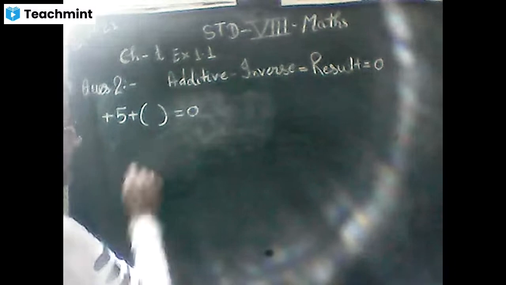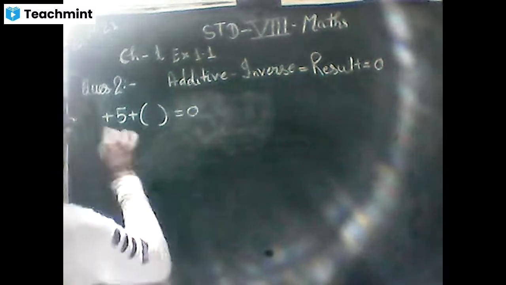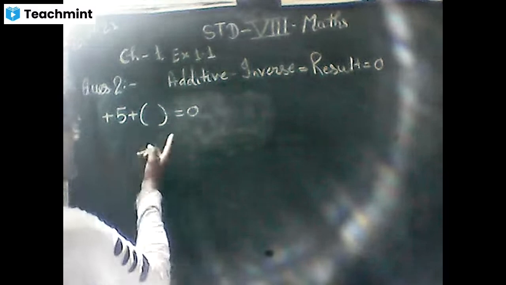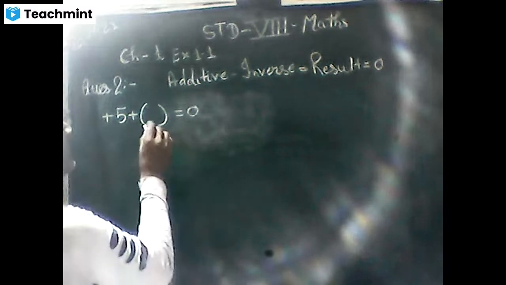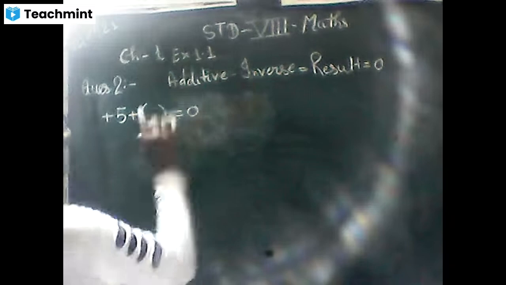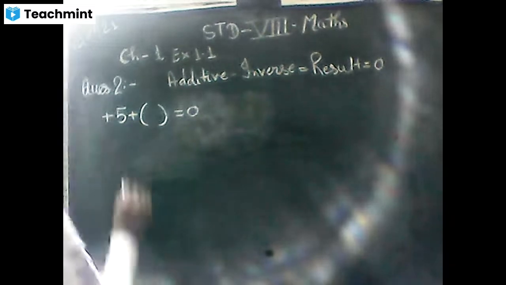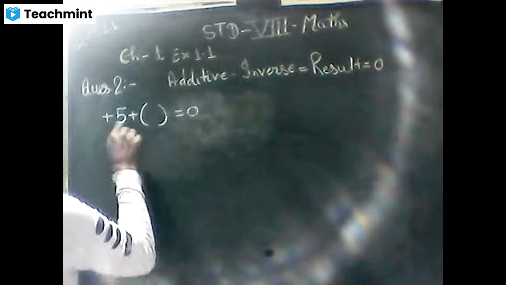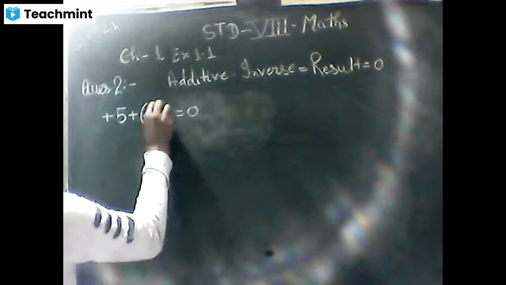If we have opposite integers with the same value, then they are additive inverses. So for plus 5, the additive inverse will be minus 5.